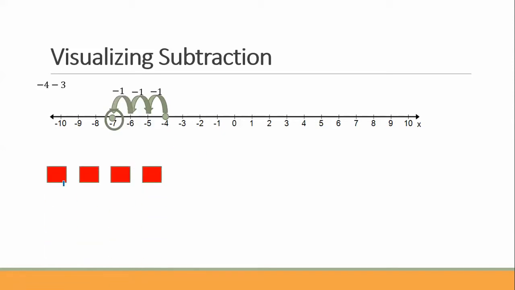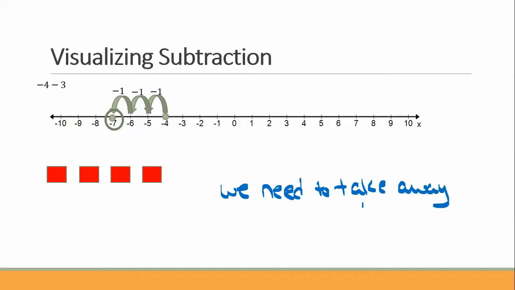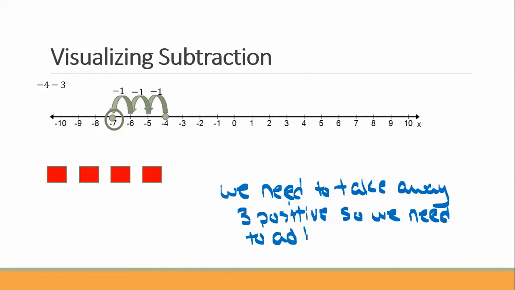Same thing here. We're starting with negative 4, so we're starting with negative 4 red boxes. And again, we need to take away 3 positive boxes. So we need to add 3 0 pairs.